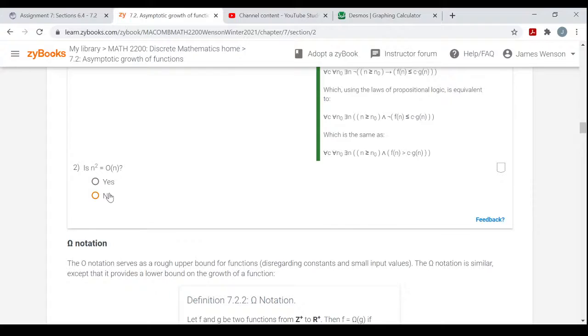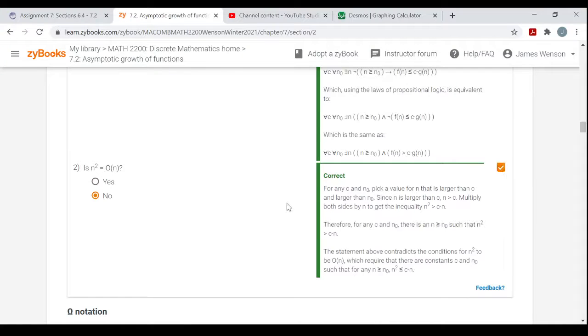So no. They go through, they show you the proof and everything, but just think about it. Now another way you could think about O notation too is that f is O of g if g grows at least as fast as f, as fast as f or faster. Any multiple of n won't grow as fast as n squared, so that's why n squared is not O of n.